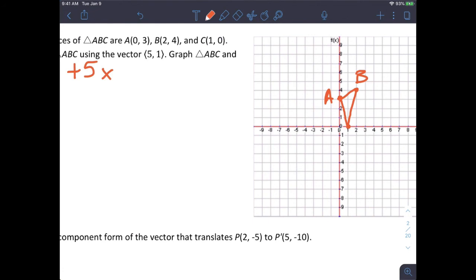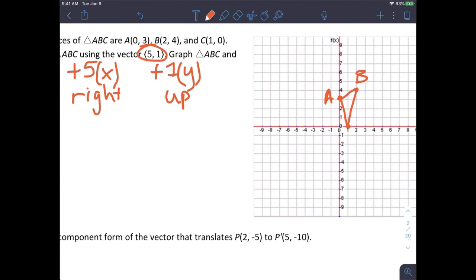Because it's a positive 5, we're going to move right with our figure, and so we're going to add 5 to each of the x values in our coordinates. And 1 tells us that we're going to add 1 to each of the y values in our coordinates because we're going to move up. So this is telling us we're going to move right 5, and this is telling us we're going to move up 1. That's what we get from the vector here, <5, 1>.